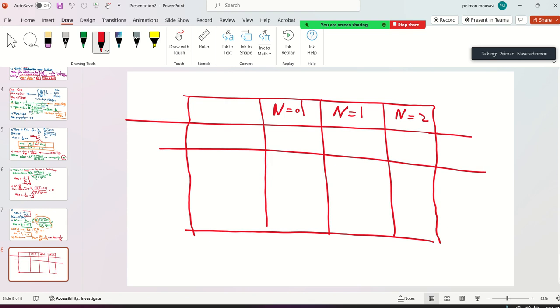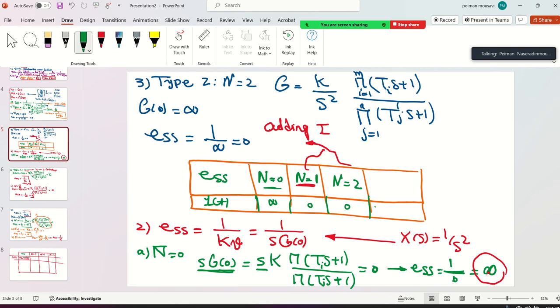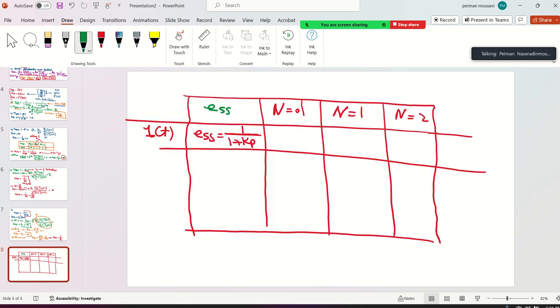When I applied the unit step as input to the system, the error signal, we are talking about the error signal, with no integrator was, I don't remember, what was the table? Yeah, infinity, 0, 0. Infinity, added integrator 0, 0 for the unit step.